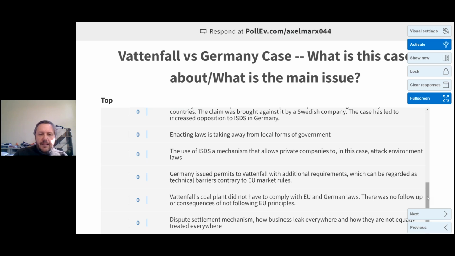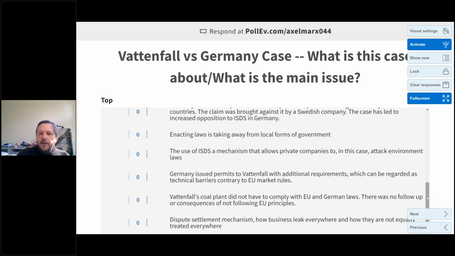Another notes the fact that Germany enacted additional requirements for Vattenfall, which can actually be seen as a technical barrier to trade. Somebody is also pointing out that by increasing environmental standards, you influence trade, and in this case, investment. So these are all, I think, getting to the core of the issue.